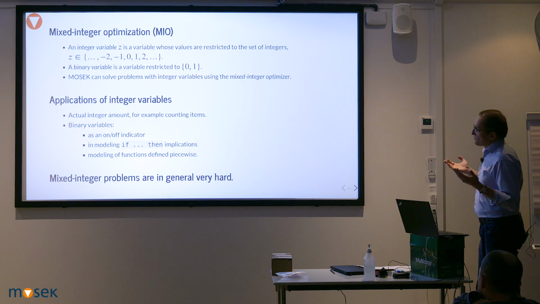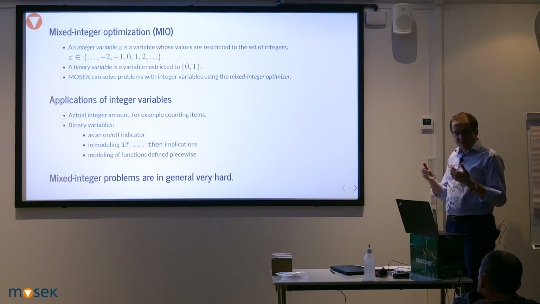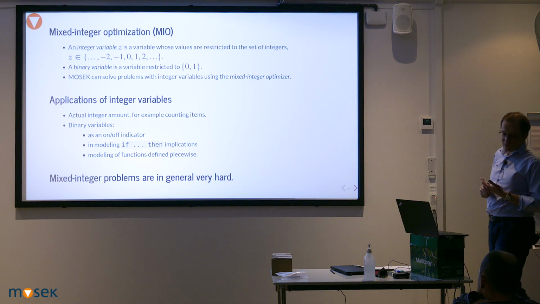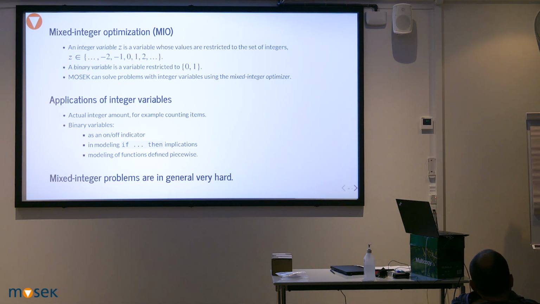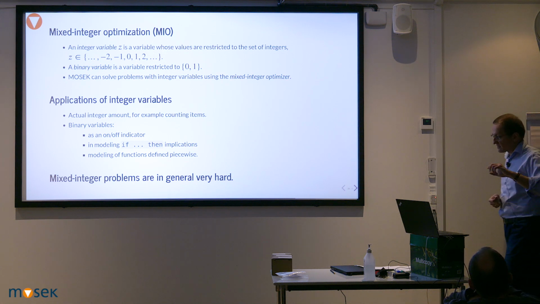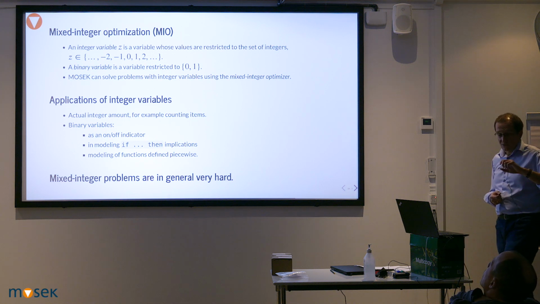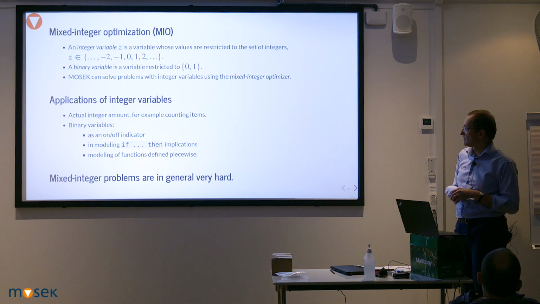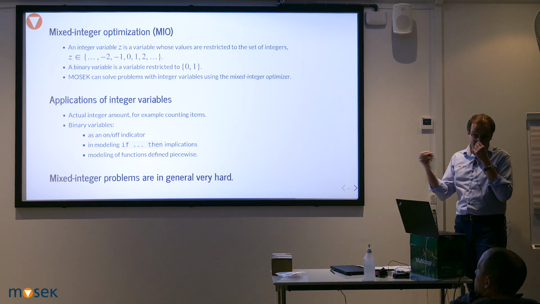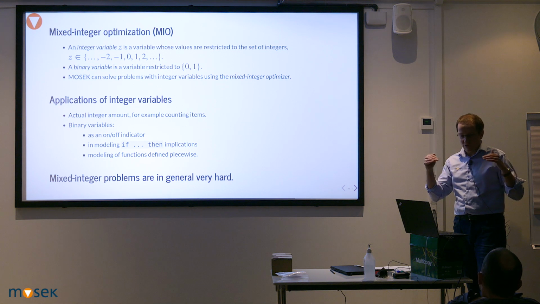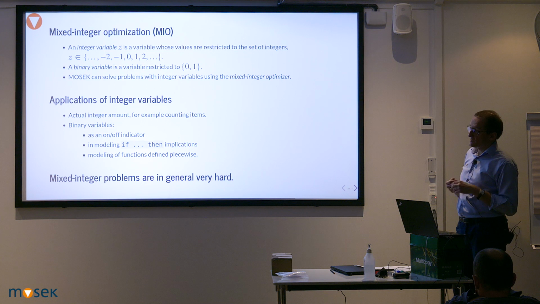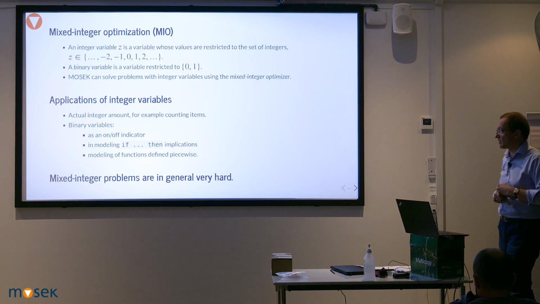Applications of this are that you might actually be counting things, so that's what you need the integers for. And especially for binary variables, the main application is to consider the binary variable as a switch that is either on or off and indicates whether some event happened or didn't happen, which can be used to model implications and functions that are only defined piecewise, and other such things that depend on checking whether some condition holds or not.